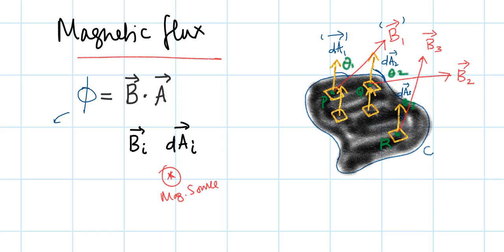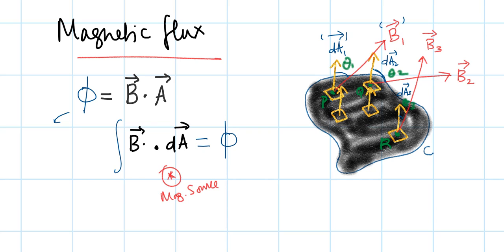You can keep counting all the pairs and perform this dot product B dot dAI and perform a sum. Since you are performing a sum not on a countable region but an uncountable region, this summation index should be dropped, and instead we should perform an integration. This gives you the magnetic flux through that entire region.